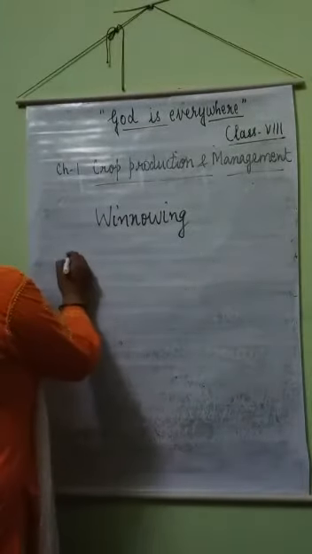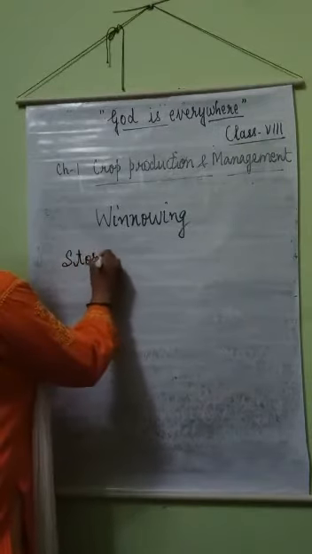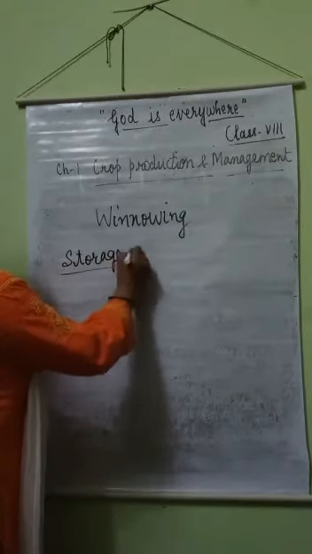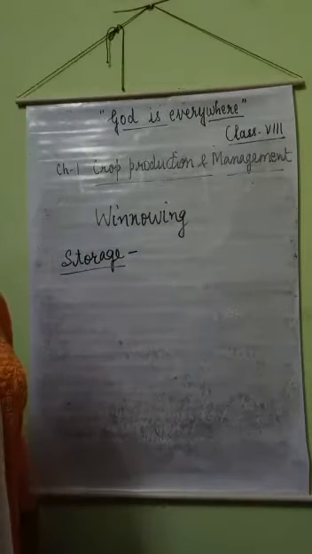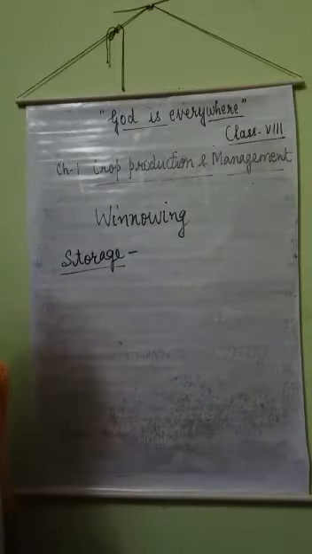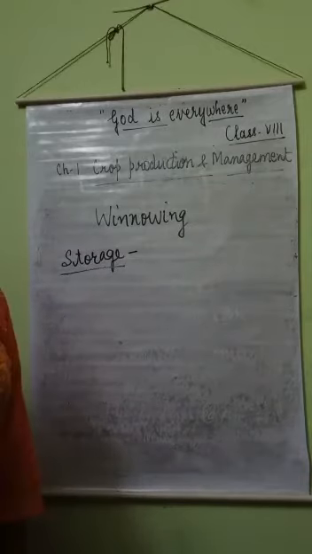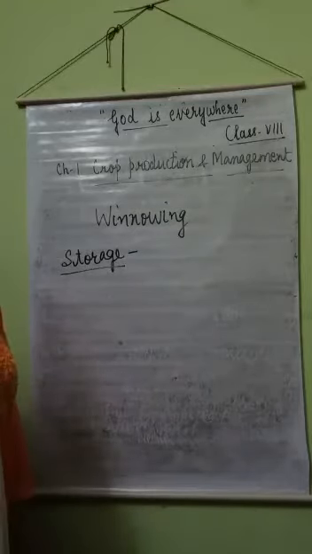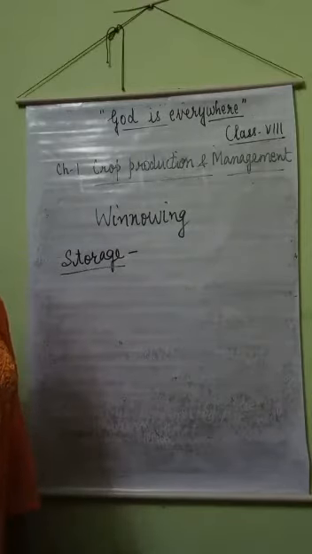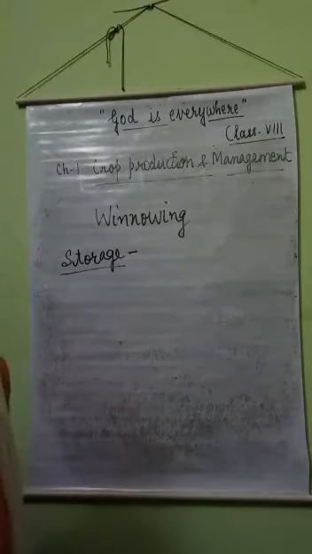Now next step is storage. How can we store grains? Storage of the produce that we obtain after harvesting is an important task. If the crop grains are to be kept for a longer time, they should be safe from moisture, insects, rats, and microorganisms.